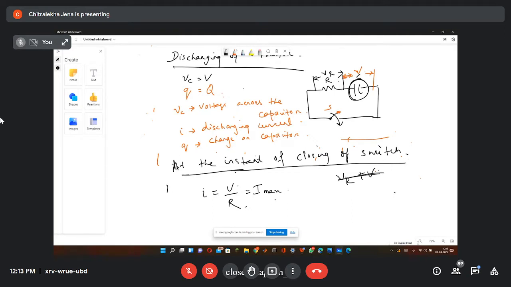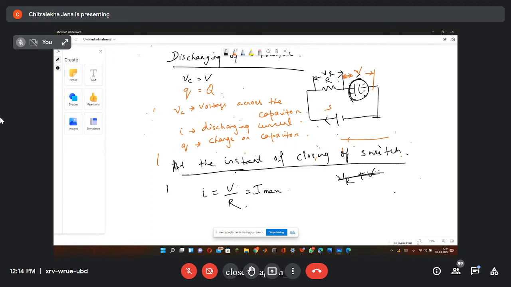Now what will happen? You have given a potential difference, or the charge is capital Q, and now you have closed the circuit. The discharging current will flow in this direction because once it is charged, this one will be positive and this one will be negative.